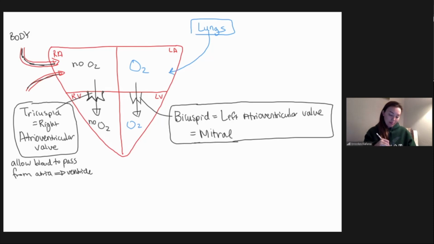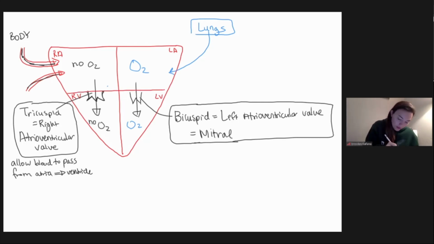And then when the blood actually leaves the ventricles, it goes through semilunar valves. So this side, I want to use a different color. I'm going to use blue, going to the lungs.